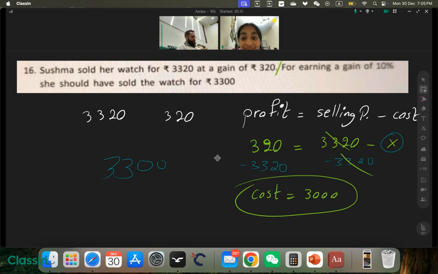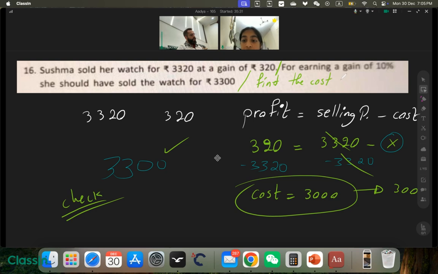But it's nice to know that I got the cost. And if I want to check, yes, 10% of 3,000 is 300. Now over here, the question might be: find the cost and check. This might be the question.